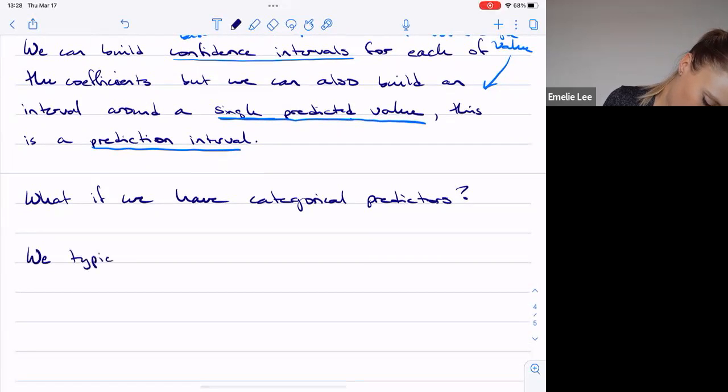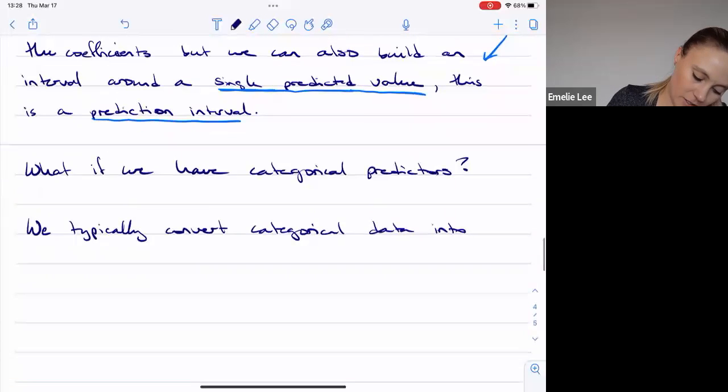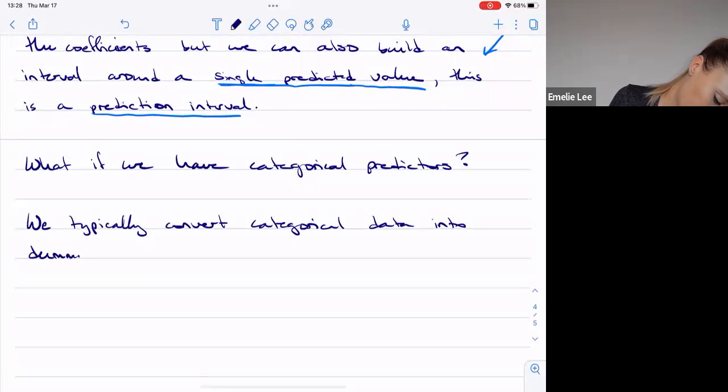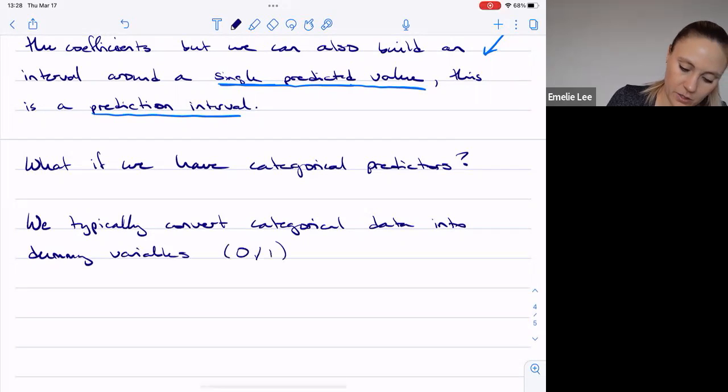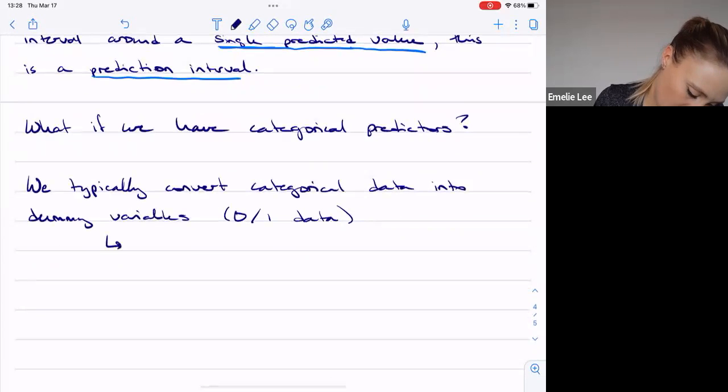So we typically convert categorical data into dummy variables, which is 0, 1 data, which means that you create a predictor for each category.